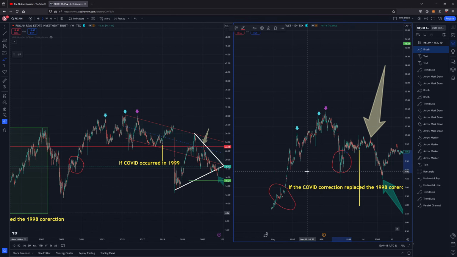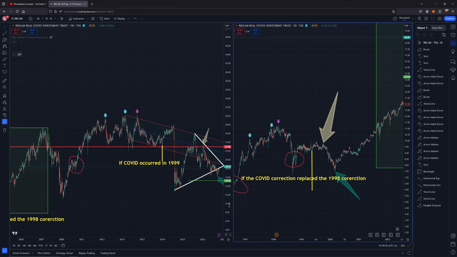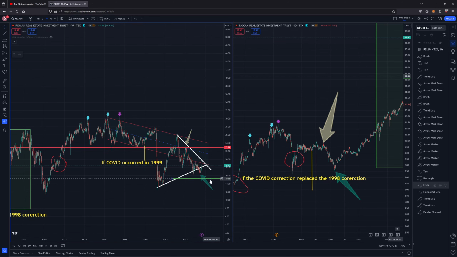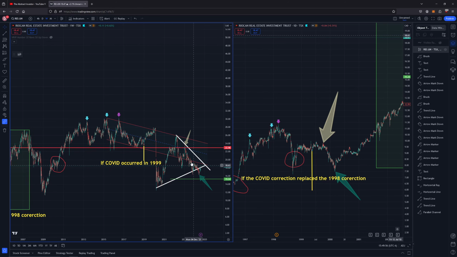And because of that, I don't believe the chart's going to go any lower. The correction that's happened on Riocan Real Estate Investment Trust, I think we've already bottomed, and I think it happened just recently here on June 24th, 2024.